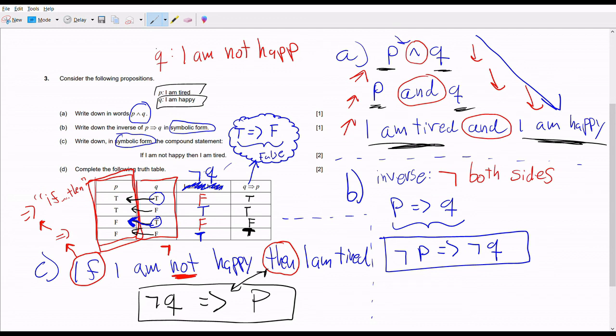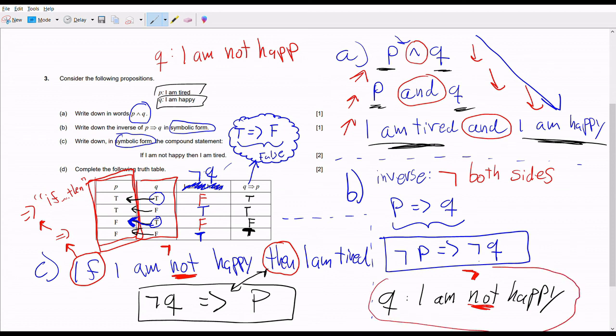However, something important that I need to explain, although it's not part of this problem, is something that can definitely show up. Let's imagine that our Q would have been defined like this: I am not happy. Even though using my method you identify that we still have a not and we immediately think of this symbol, you still want to be careful and double check if the original statement already has the not, like a negative tone.